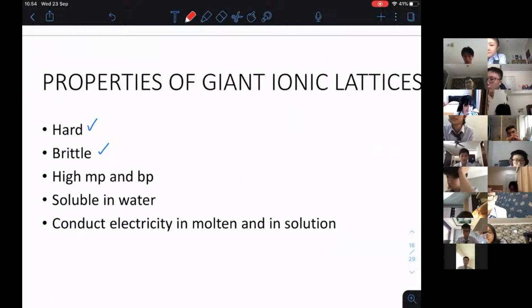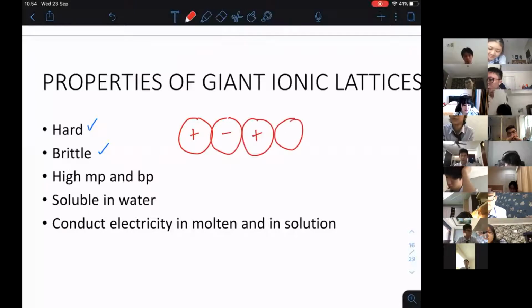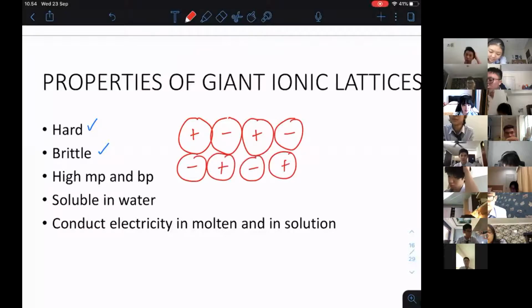I'll explain why they can be broken easily. Imagine you have positive, negative, positive, negative, and then negative, positive, negative, positive. Imagine this is a giant ionic lattice. Imagine a force of impact comes, and then the layers will be disrupted and they will move.